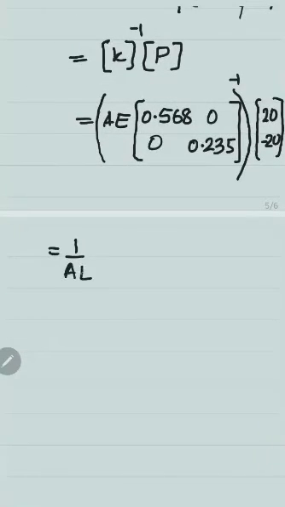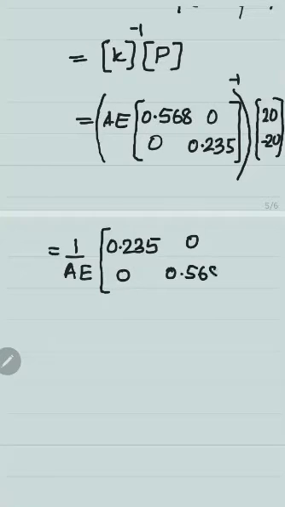So this inverse will be 1 by AE into the bracket. For the inverse of the matrix, interchange the principal diagonal elements, so this will be 0.2356, and change the sign of the other two elements. It is 0 only. So this is 0.5686. This is the cofactor, right? That is divided by the determinant.